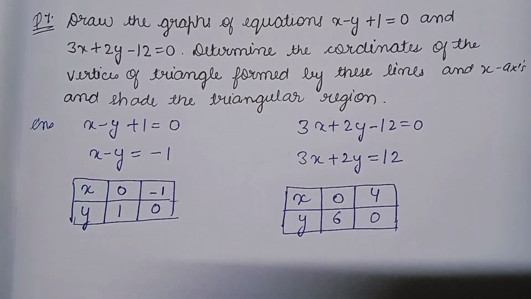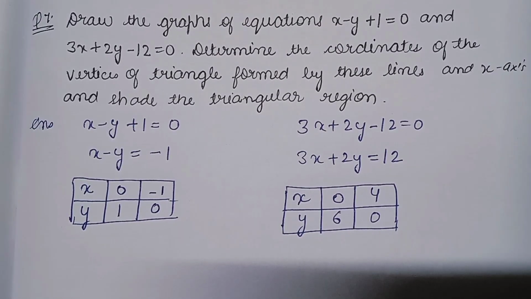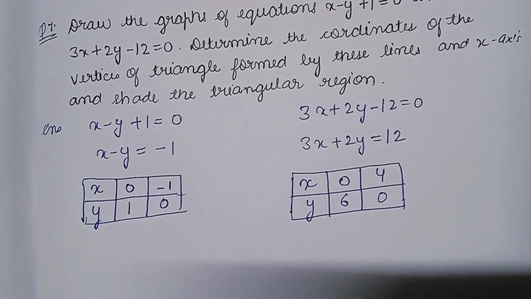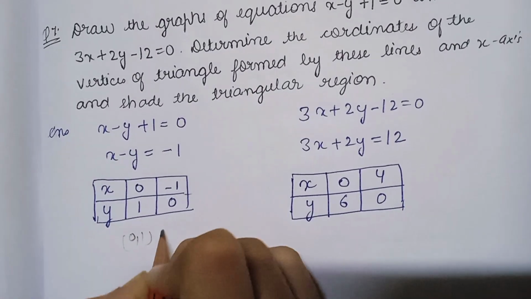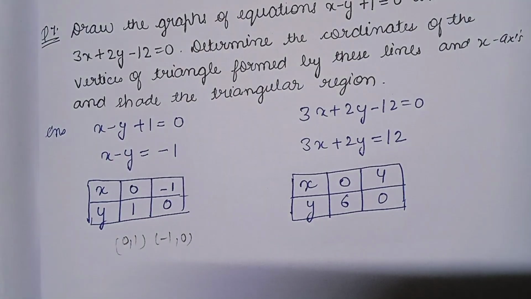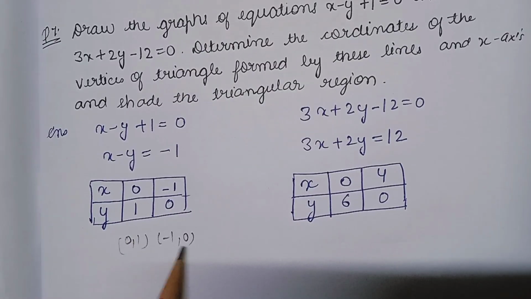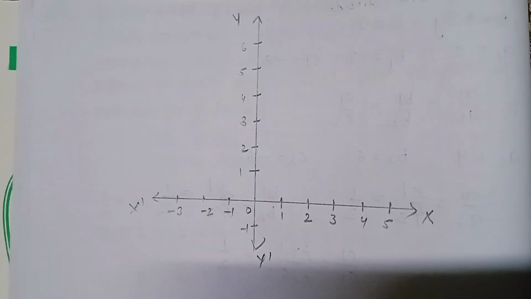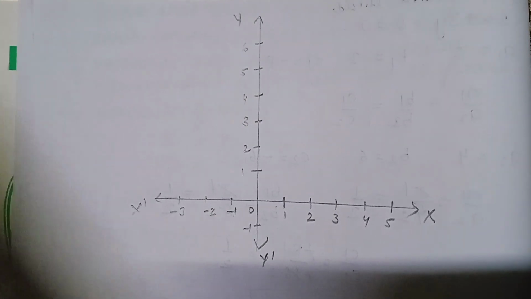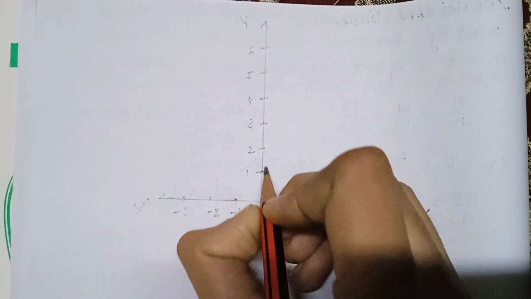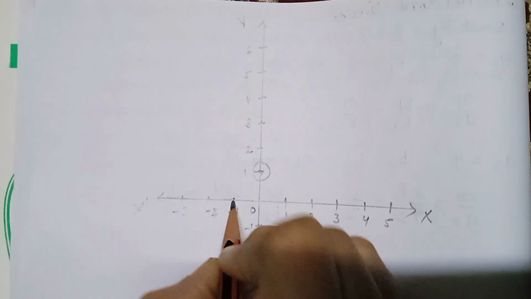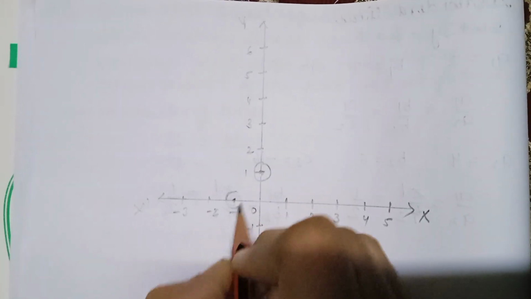Now what we have to do is we have to plot them on a graph. So for the first equation, the points are 0, 1 and minus 1, 0. Let us plot these points on the graph. 0, 1 is this point and minus 1, 0 is this point.